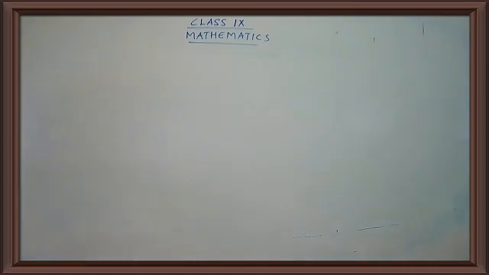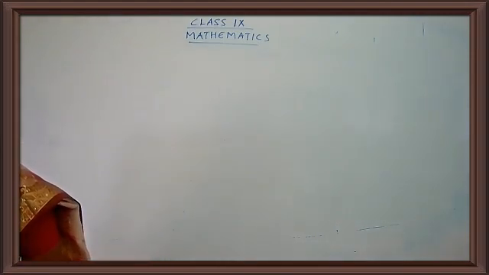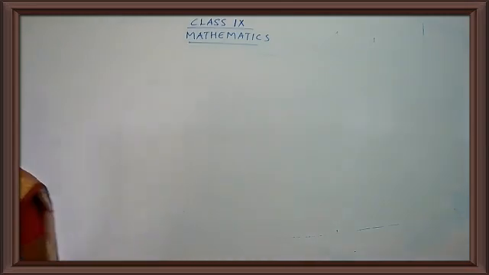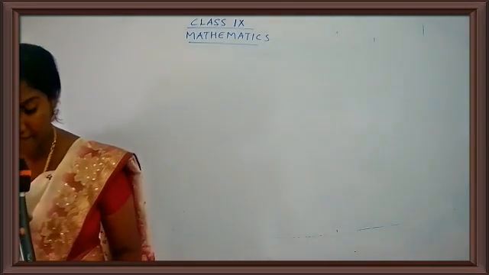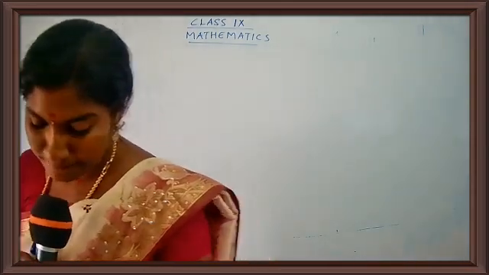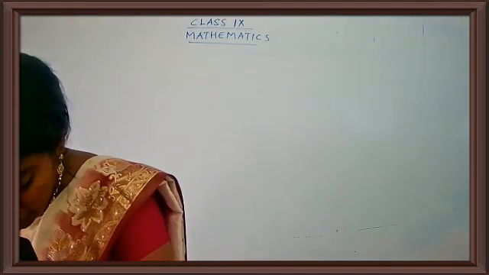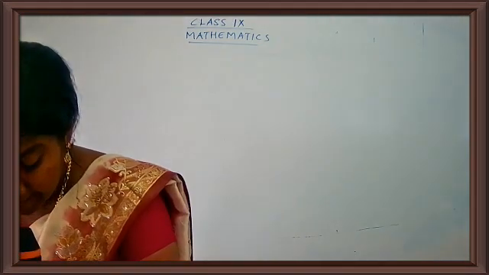Okay, so we have to continue with our sum number 7. Write down the seventh question, children: what should be added to 2x cube plus 6x square minus 5x plus 8 to get 3x cube minus 2x square plus 6x plus 15?